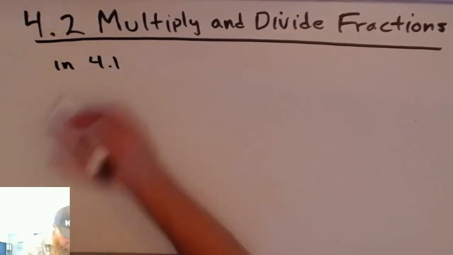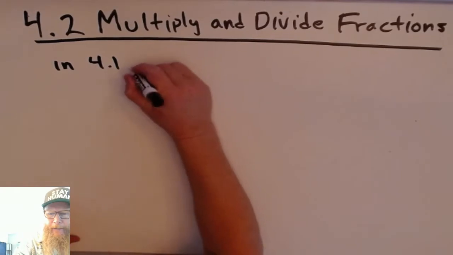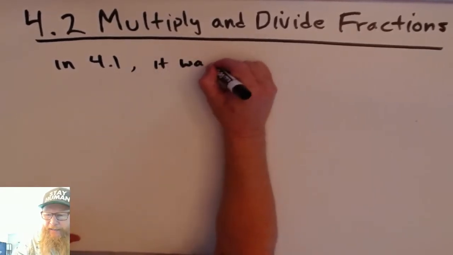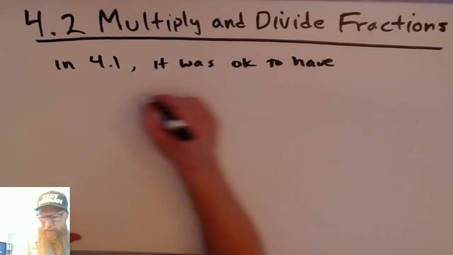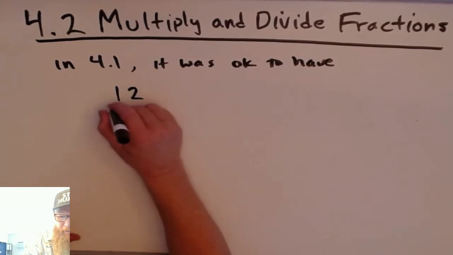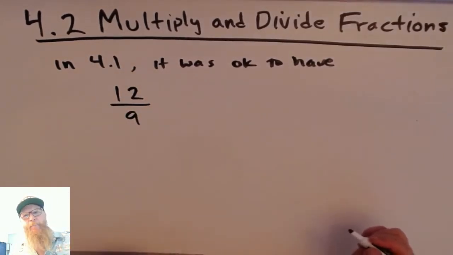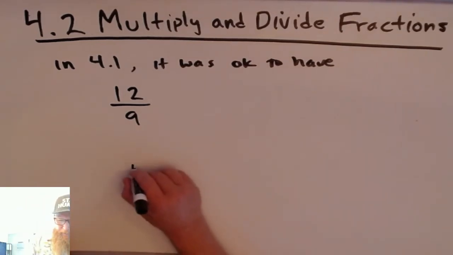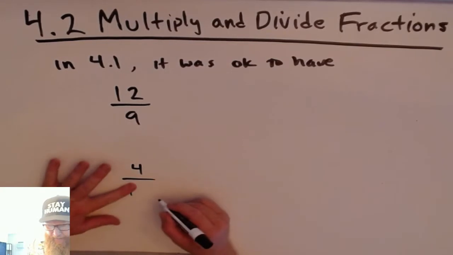In 4.1, the introduction, it was okay to have answers such as 12 over 9 or something like that, or 4 over 8, something like that.